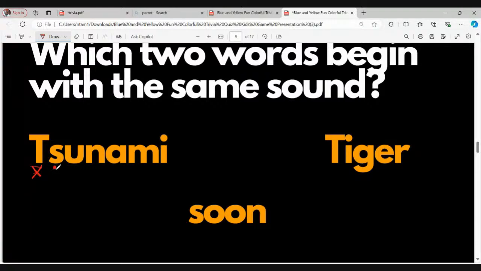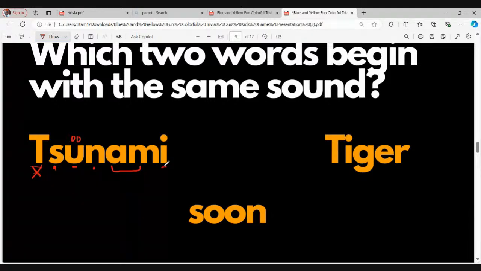So we hear the U makes a short sound. So we can hear su, ni, and the Y at the end makes a short I sound.